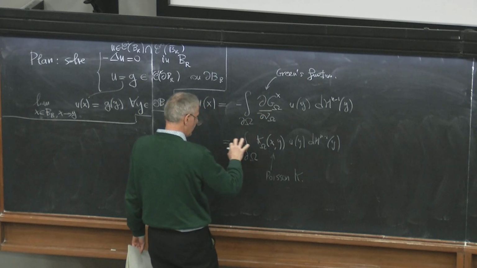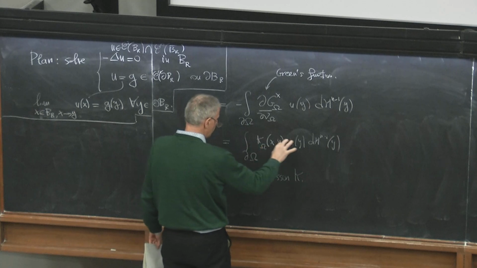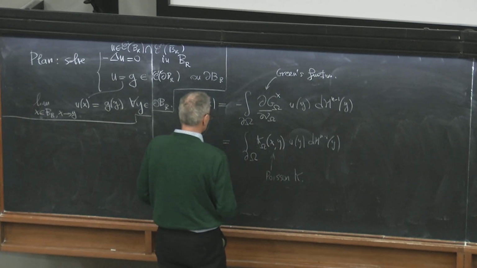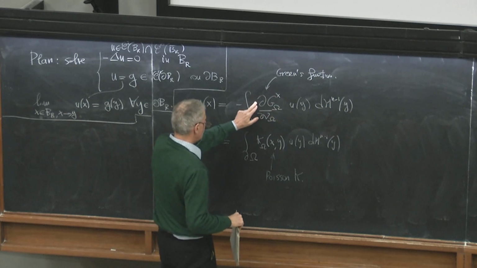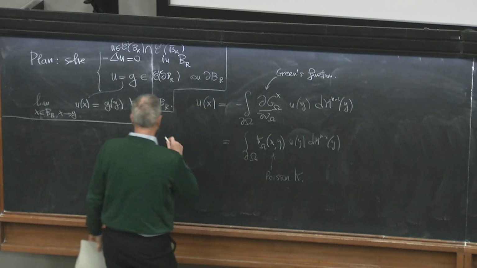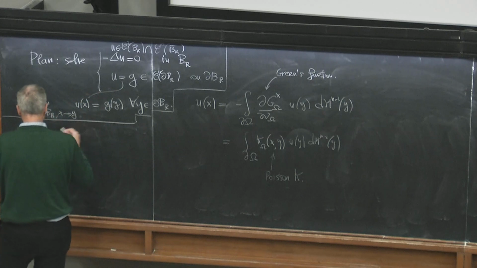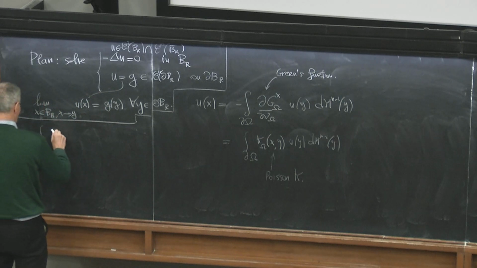So in order to get an explicit expression of this kernel, one has to compute this normal derivative. And this G_x of Omega was based on solving possibly the following.